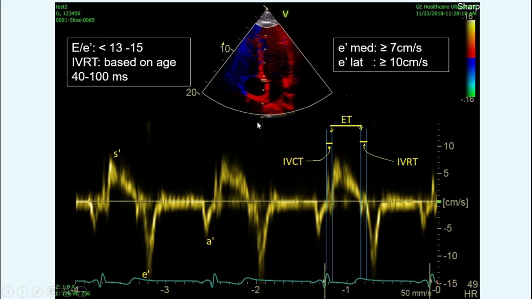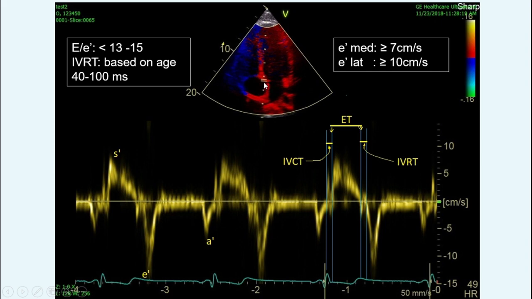The normal E prime velocity for medial is equal to or more than 7 centimeters per second, and for lateral is equal to or more than 10 centimeters per second. When we measure E and E prime, the machine calculates the E to E prime ratio for us. Normally, it should be less than 14 when we measure the average, in other words, when we measure medial E prime and lateral E prime.